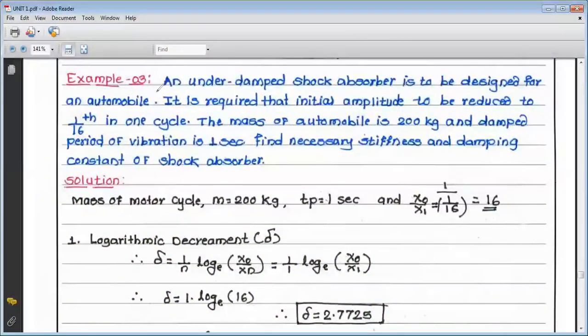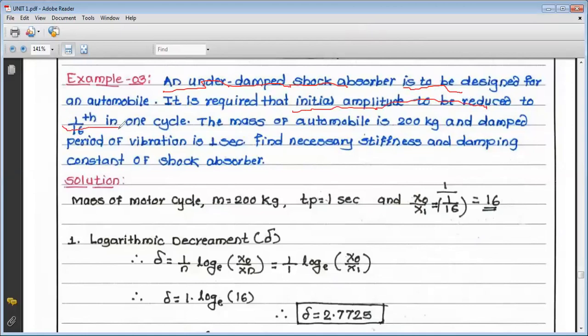So the example is an underdamped system shock absorber is to be designed for an automobile. It is required that the initial amplitude be reduced to 1/16th in one cycle.